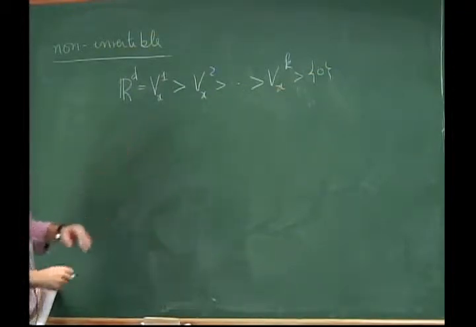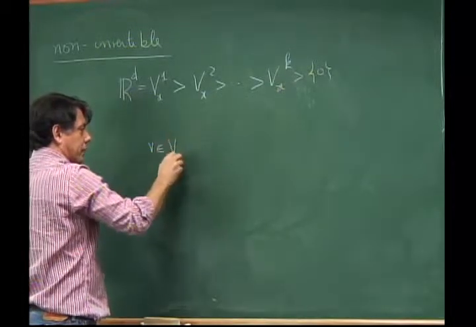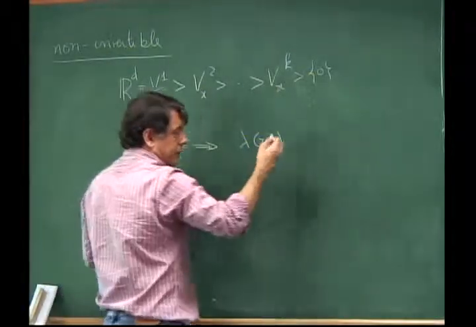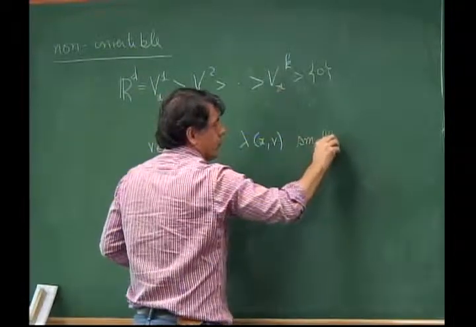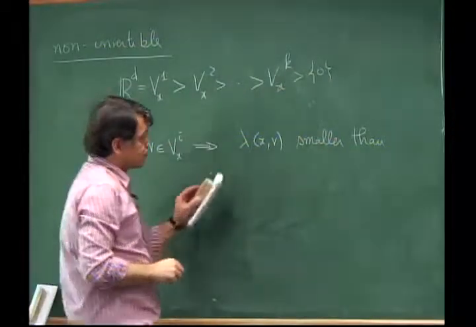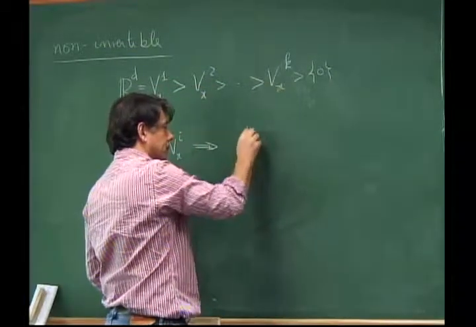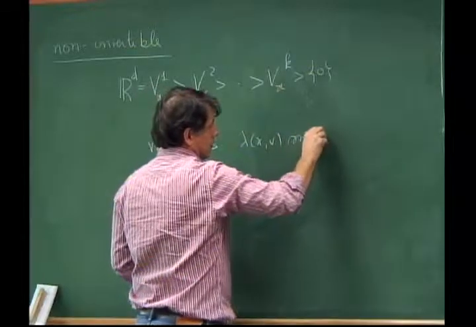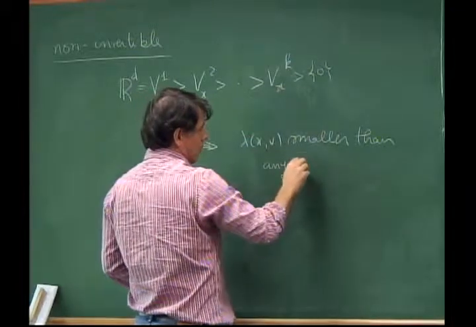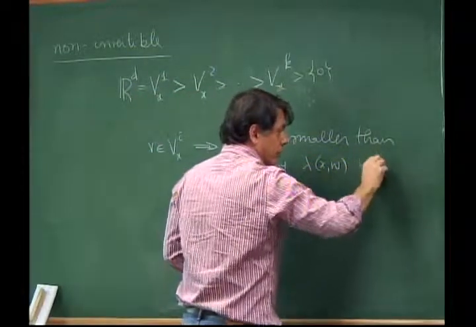And the flag is defined by the fact that if v belongs to Vi of x, then the exponent of v is smaller, so it grows slower than for any other vector that is not in Vxi.